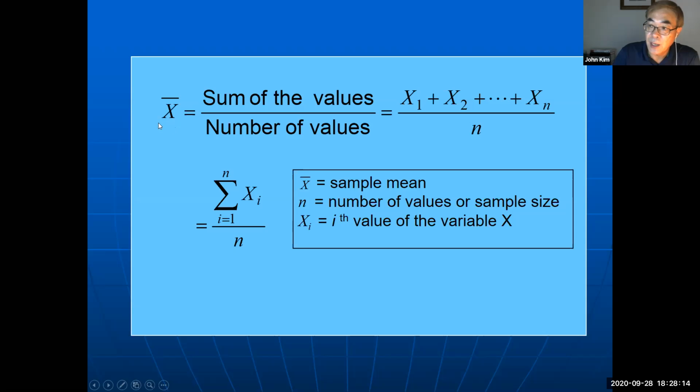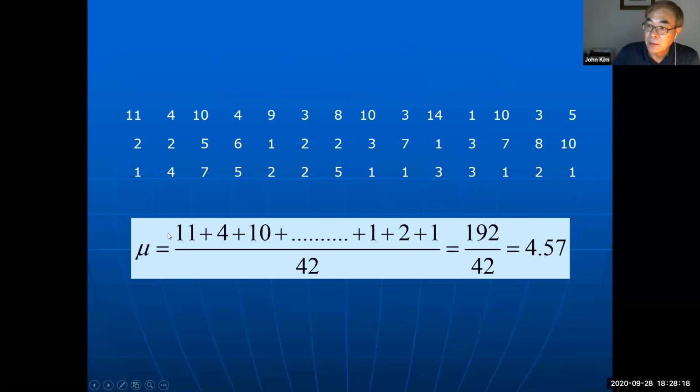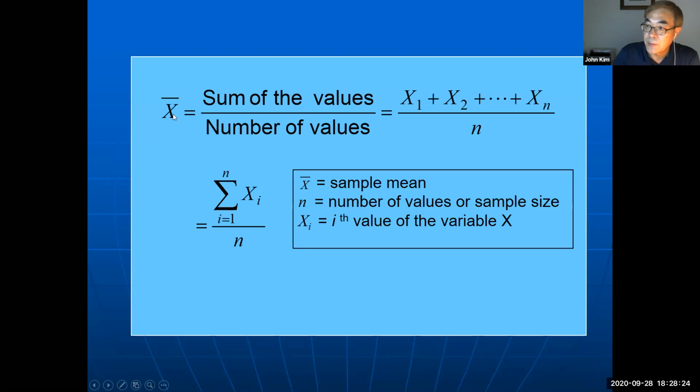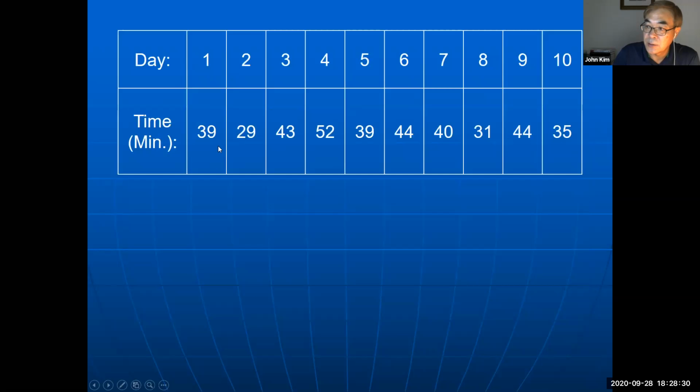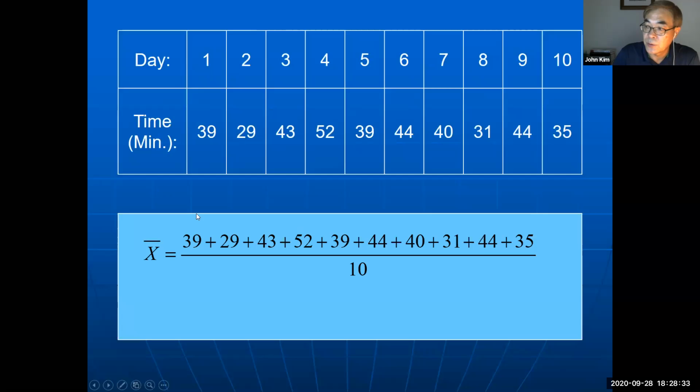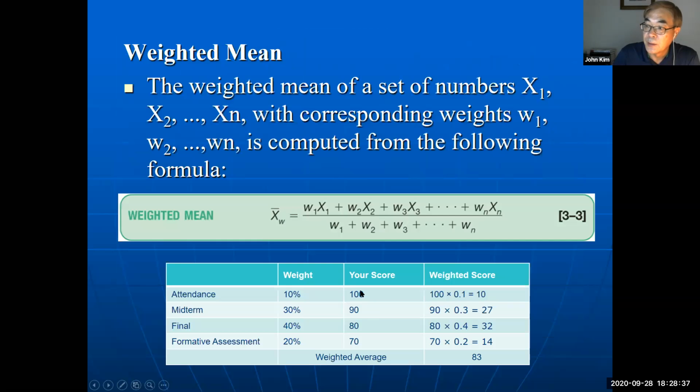Sample mean is X bar. And this one, mu, is population mean. So sample mean, just add all of them divided by sample size. For example, add all of them, divide by 10, and so on.